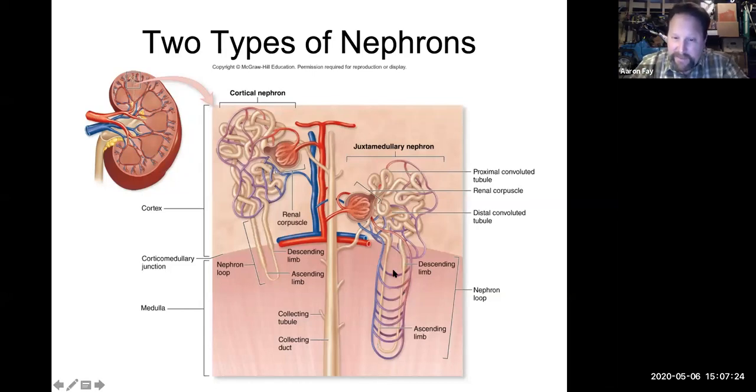And it has this big vasa recta, which is the capillary bed that is in contact or services the nephron loop. So juxtamedullary nephrons are really a little bit bigger than cortical nephrons, and they play a very important role in concentrating filtrate of the material that will eventually become urine.